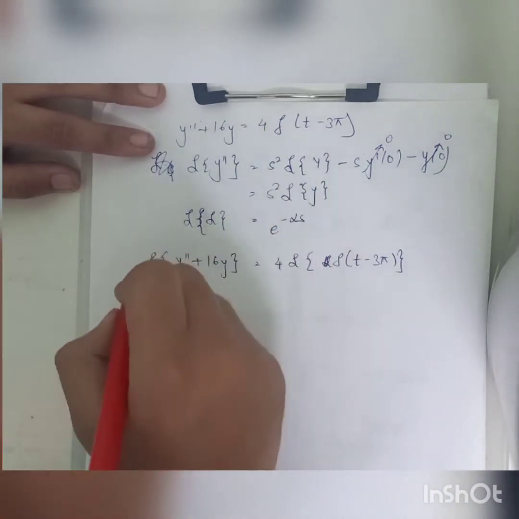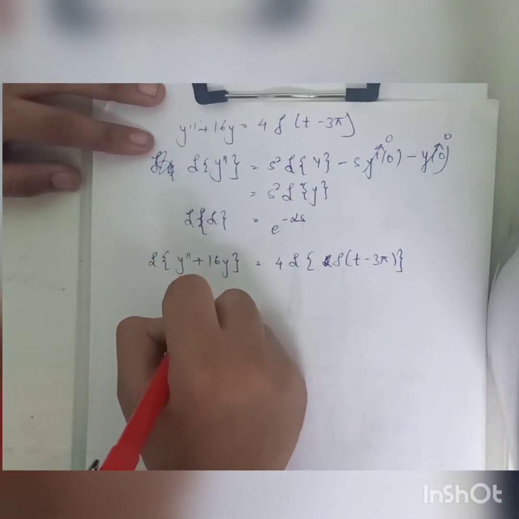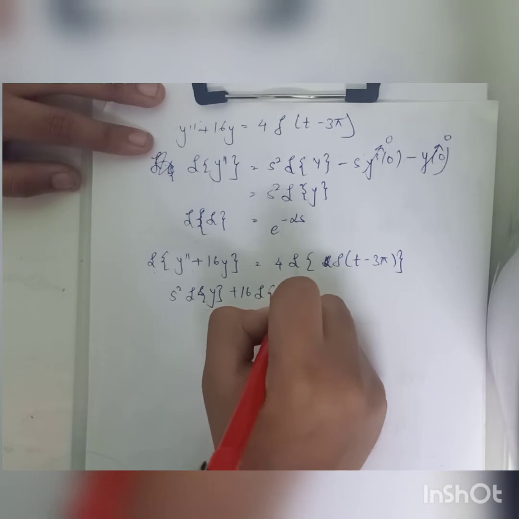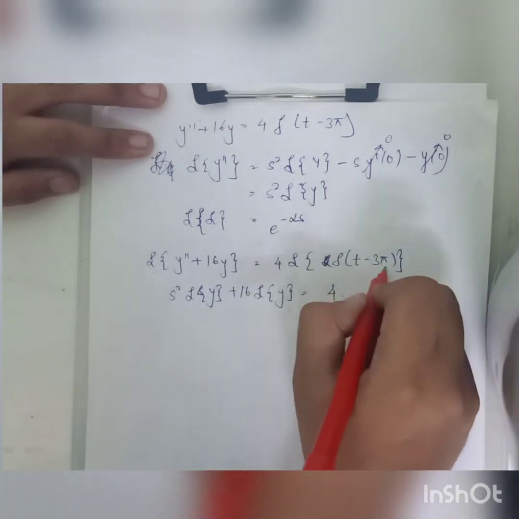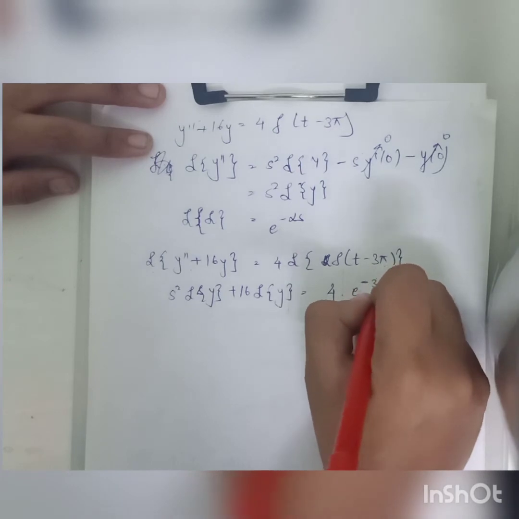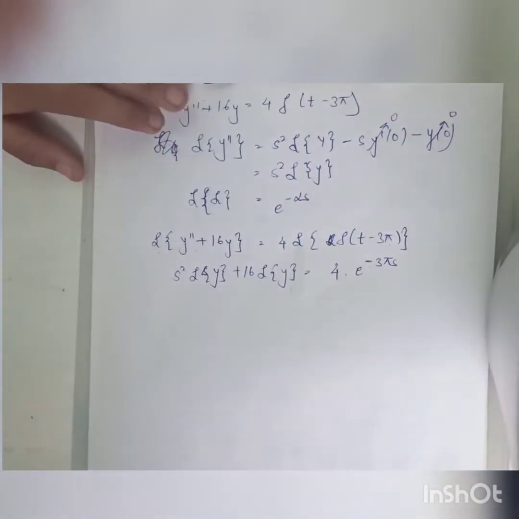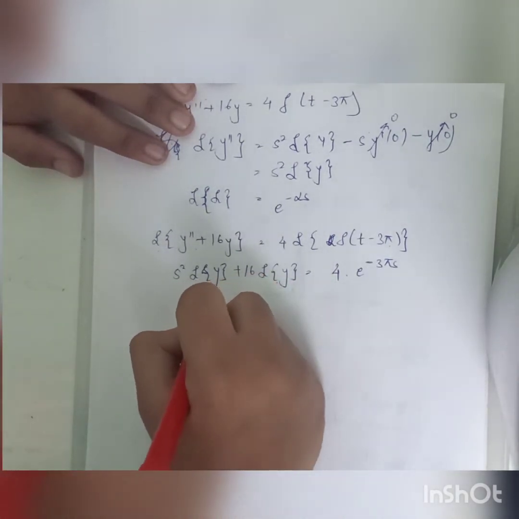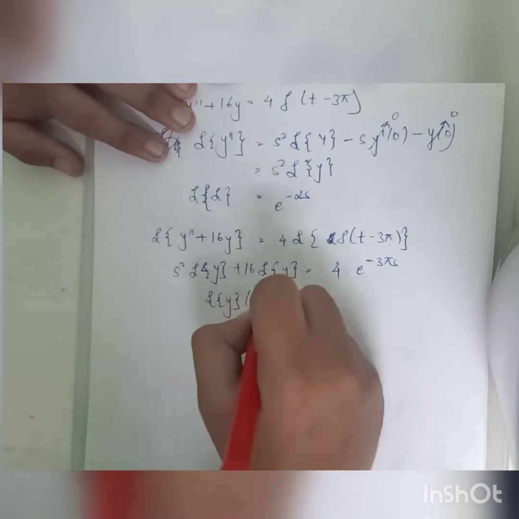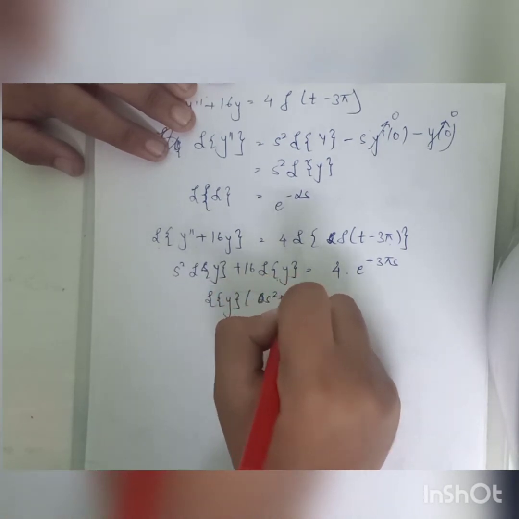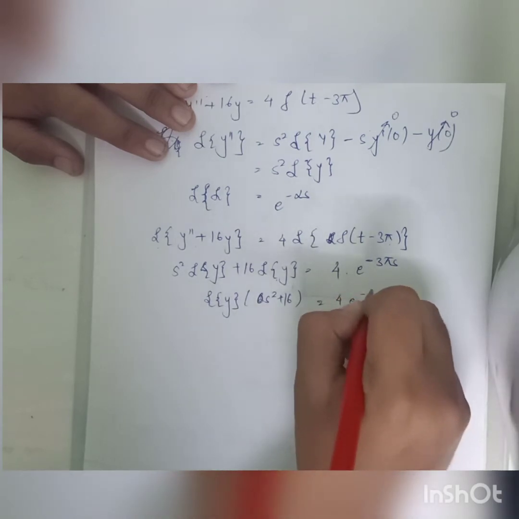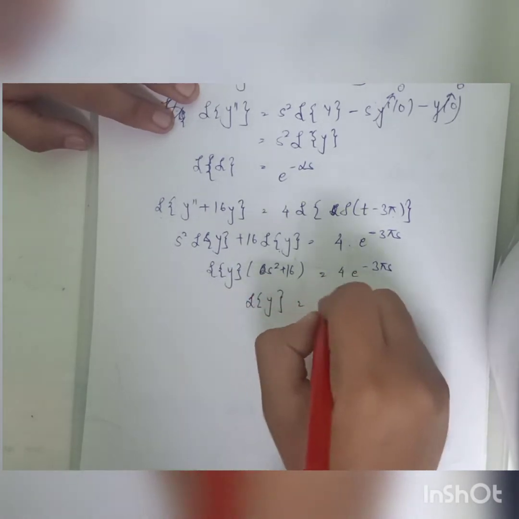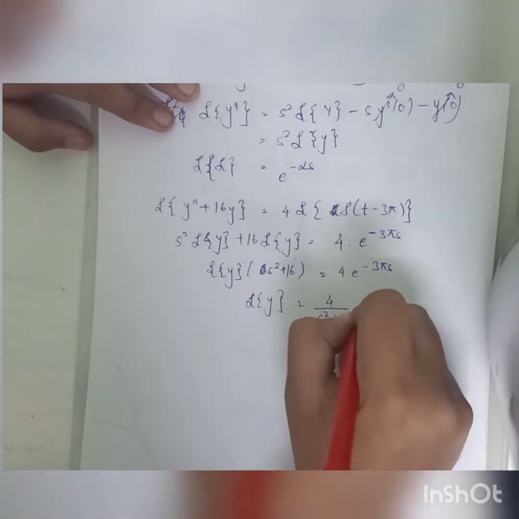That gives s square Laplace of y plus 16 Laplace of y is equal to 4 e to the power minus 3 pi s. From here we take Laplace of y common, so Laplace of y into s square plus 16 is equal to 4 e to the power minus 3 pi s. So Laplace of y is equal to 4 by s square plus 16 into e to the power minus 3 pi s.